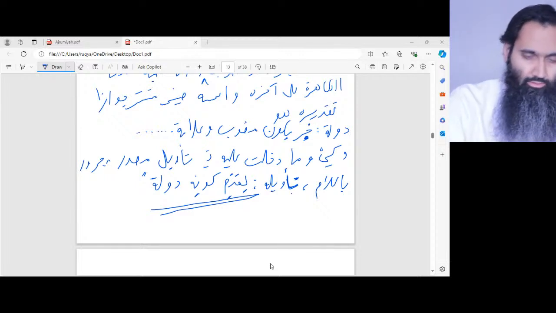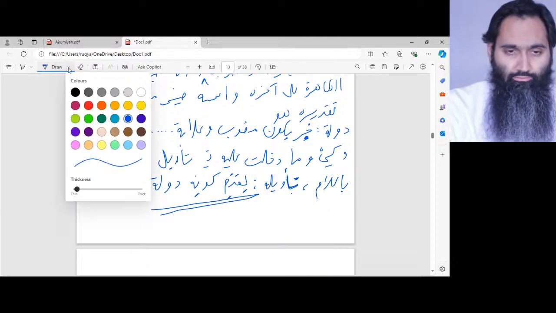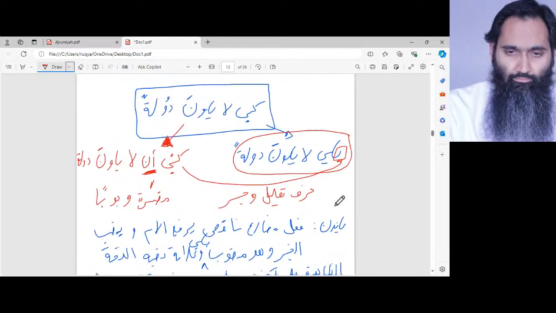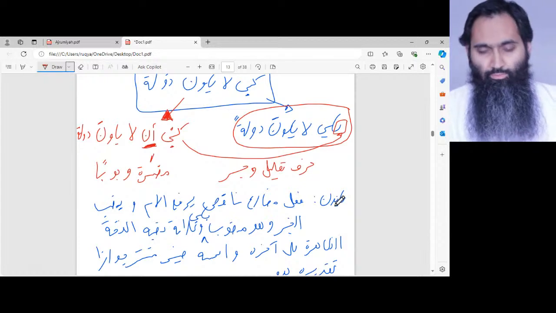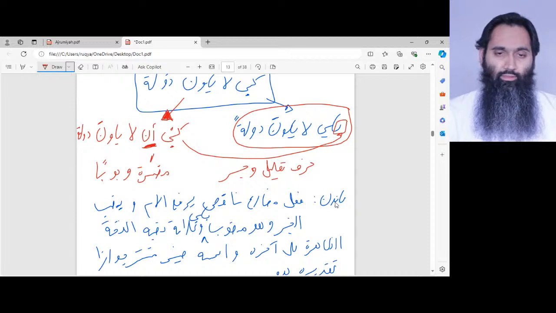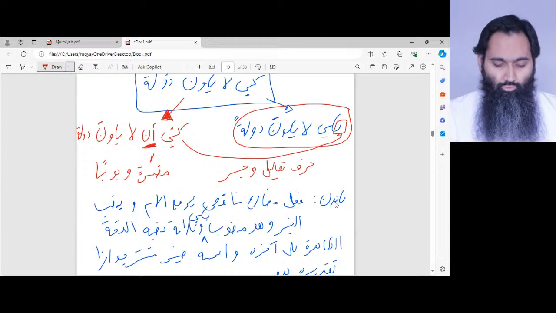Okay, good. So hopefully that's clear. Now, what's the second i'rab of that? We mentioned that if we don't assume there is a lam before it, we have this outcome here. And so if we have this outcome here, what will be the i'rab?